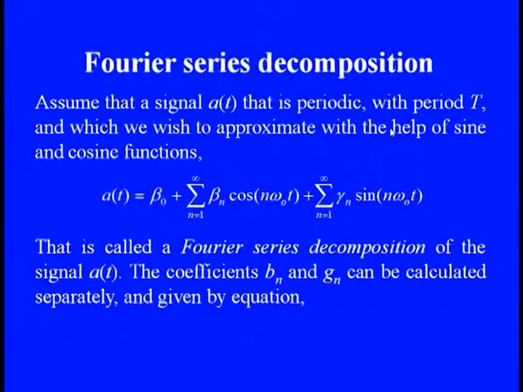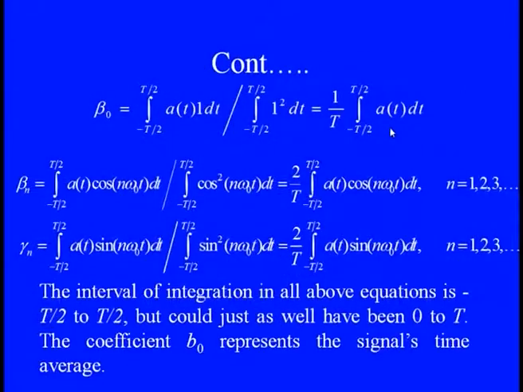And these beta and gamma can be straightaway calculated using these equations, where beta 0 is nothing but equal to the integration from minus T by 2 to T by 2 of A of t dt divided by the integration from minus T by 2 to T by 2 of the squared term dt, or we can say that we have 1 by T integration of minus T by 2 to T by 2 of A of t into dt.